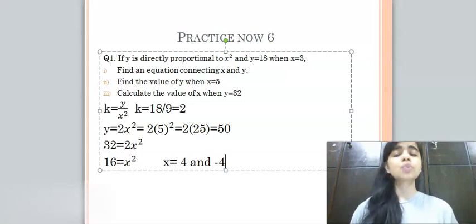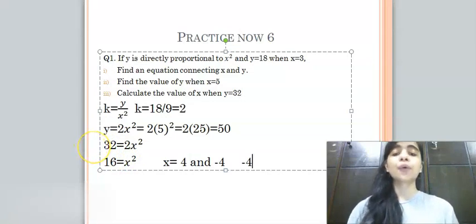So there will be two answers. Now you might think why there are two answers. If I put 4 in place of x, 4 square will give me 16. And now if I put negative 4 in place of x, so what am I actually doing? Negative 4 whole square.